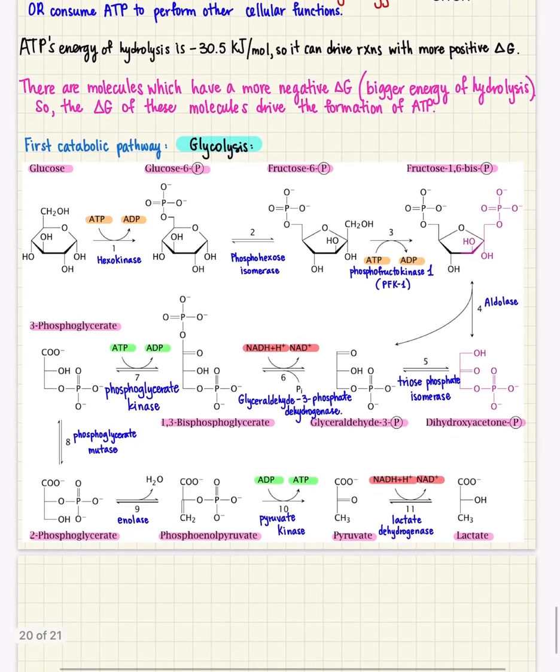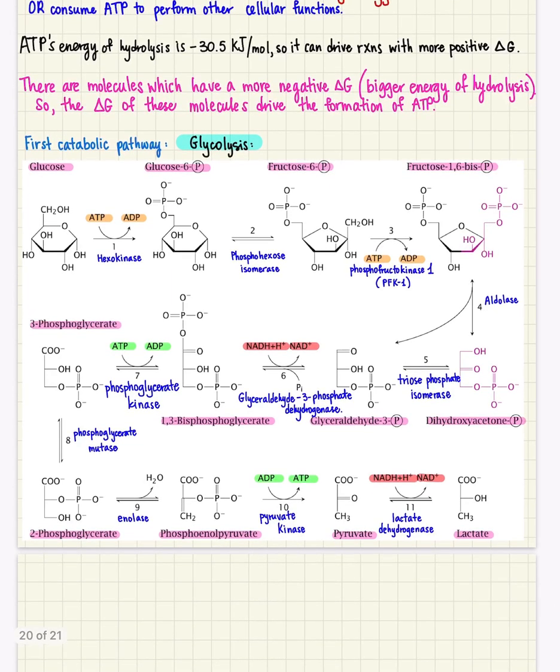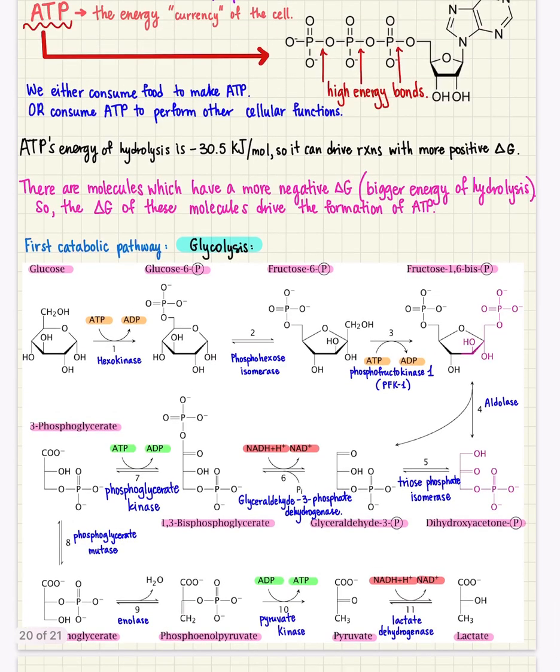However, there are molecules that have a more negative delta G, meaning that they have a bigger energy of hydrolysis than ATP. So those molecules break down and release the energy needed to drive the formation of ATP. And again, both of these concepts go back to the fact that we can either consume other things to make ATP, or we consume ATP to perform other functions.